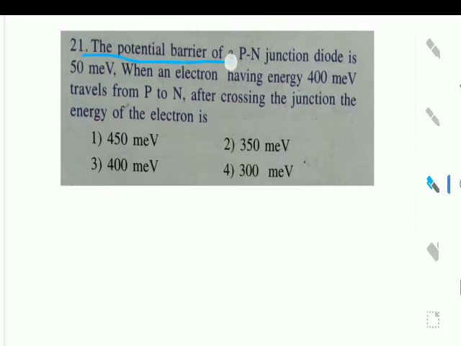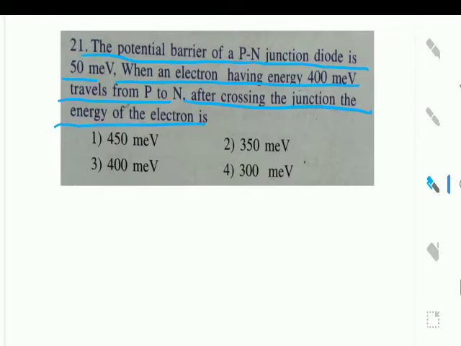The potential barrier of PN junction diode is 50 milli electron volts. When the electron having energy 400 milli electron volts travel from P to N, after crossing the junction, the energy of the electron is.